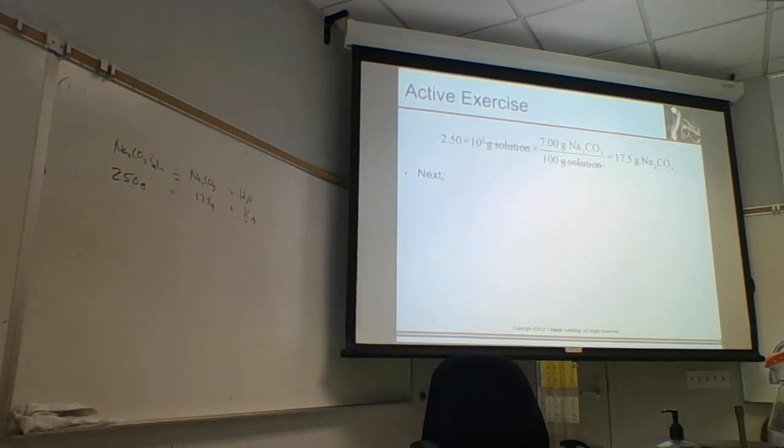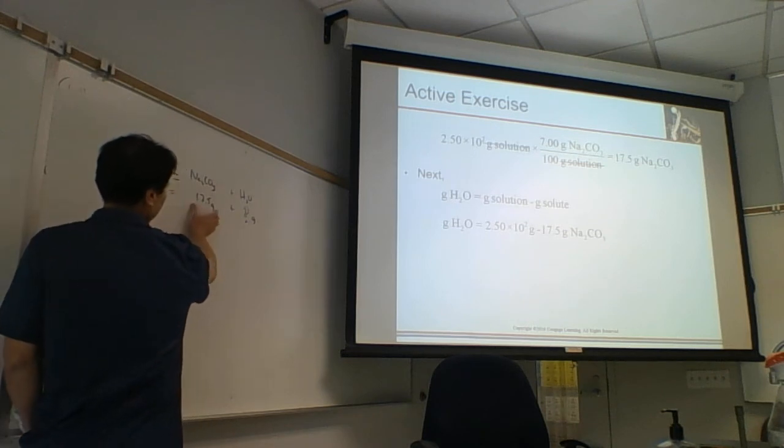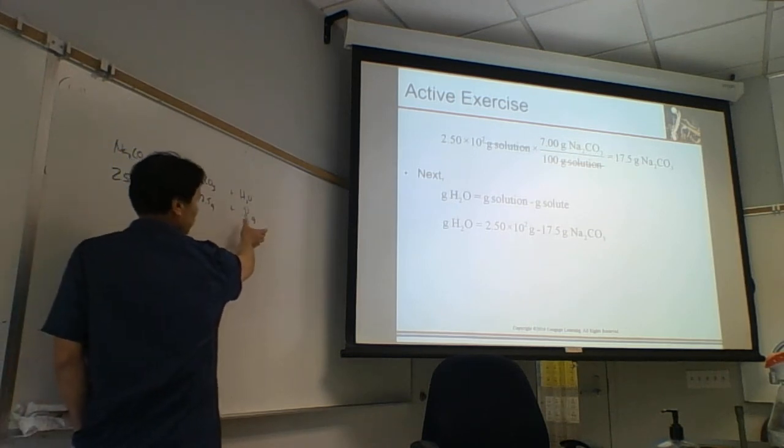Can you do this calculation in your head? 232.5. You say 232.5. In other words, we're taking 250 grams minus the 17.5 grams will give us the grams of water.